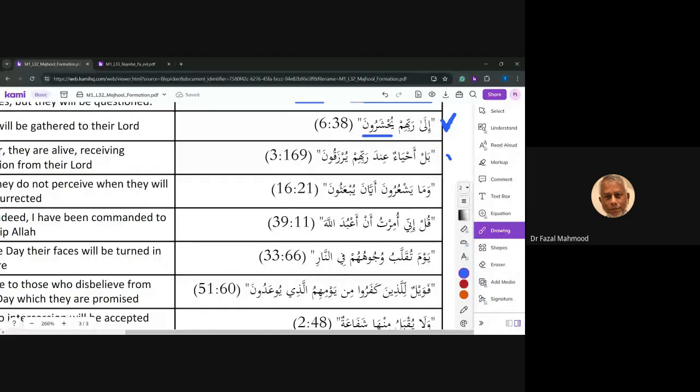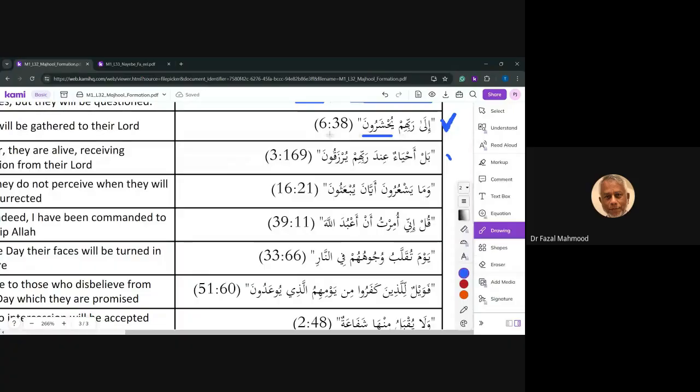No, not rabbihim, Ustad. Yuhsharun. This is where the naib fa'il is, the hum in yuhsharun, not the hum of rabbihim. Ila rabbihim, one jar majrur, is complete. It is one segment. Yuhsharun is separate, and within that there is a hidden naib fa'il.